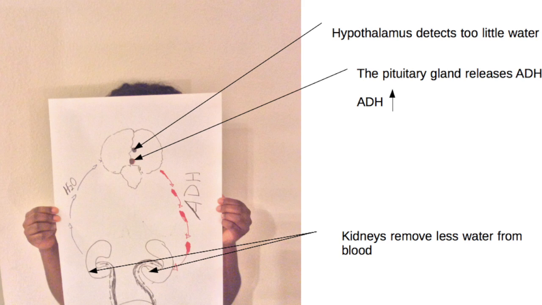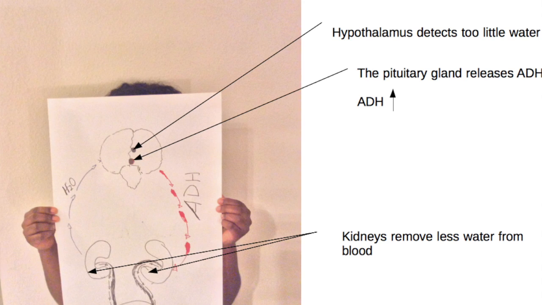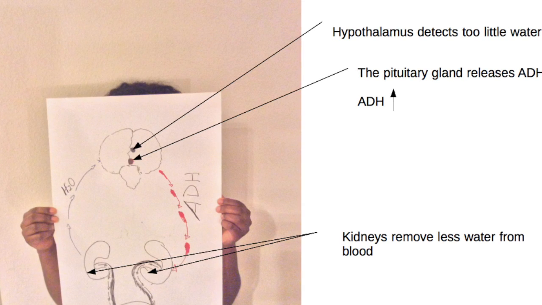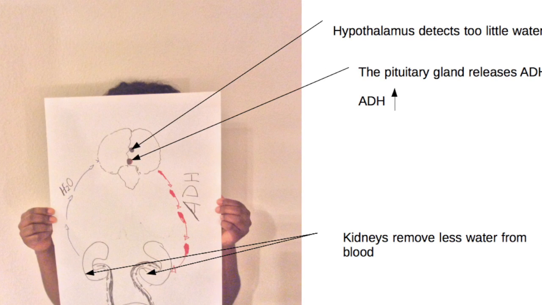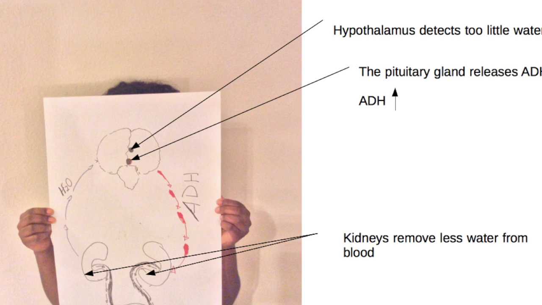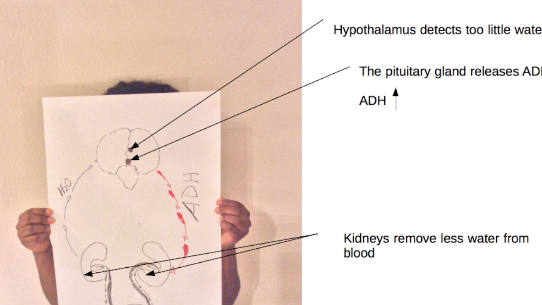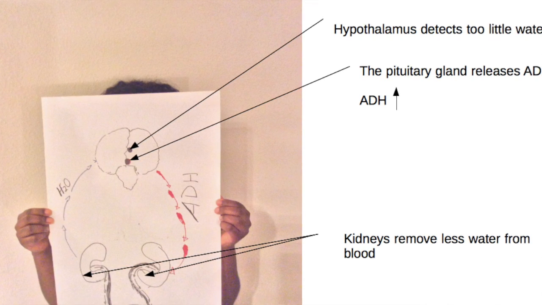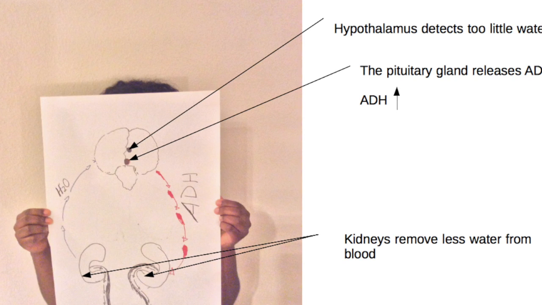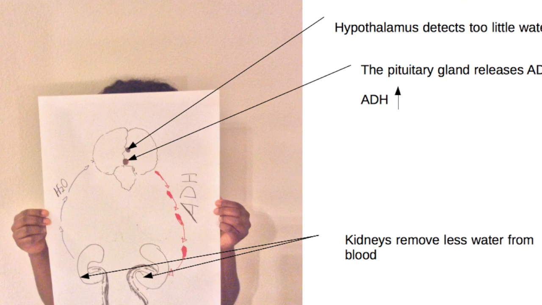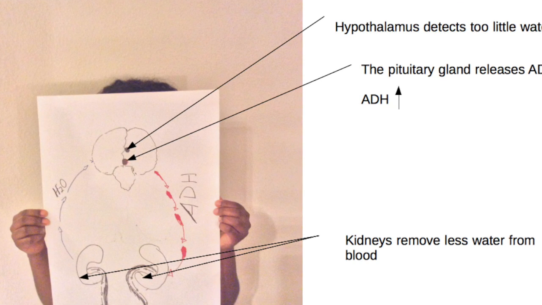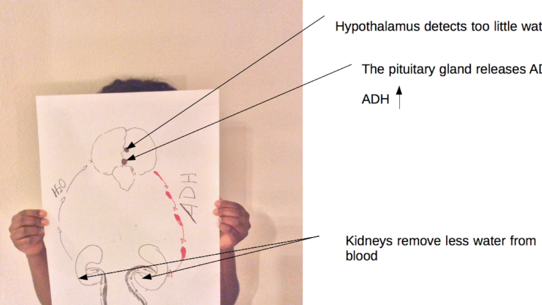What's going to happen is that the part of the brain called the hypothalamus will detect that there is not enough water in your blood. So it will send a message, like "too little water," to the pituitary gland, which will release the ADH.